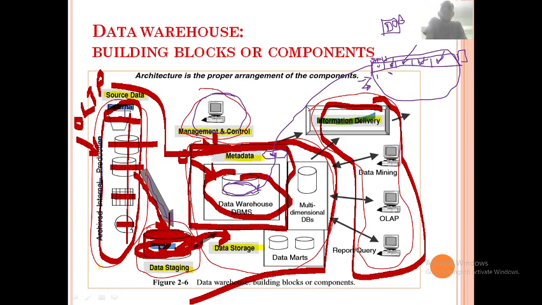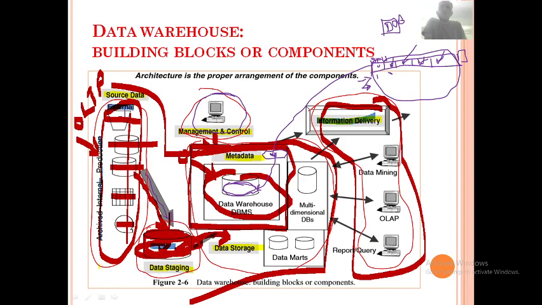It will coordinate all the services and the activities done at the various components in the data warehouse. It sits on top of all these and oversees the services and activities done at the other components.